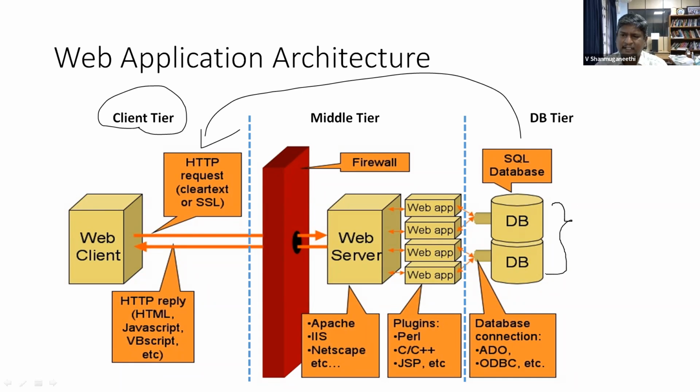Whatever data I have in the data logic or DB tier will be completely exposed here, as well as some information which needs to be secured and which maintains the session between two customers or two clients.